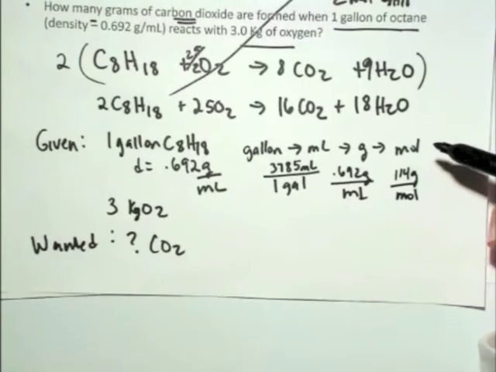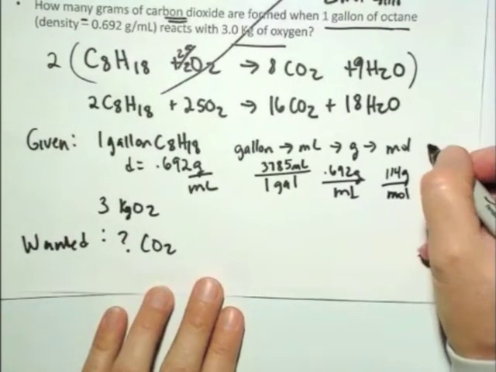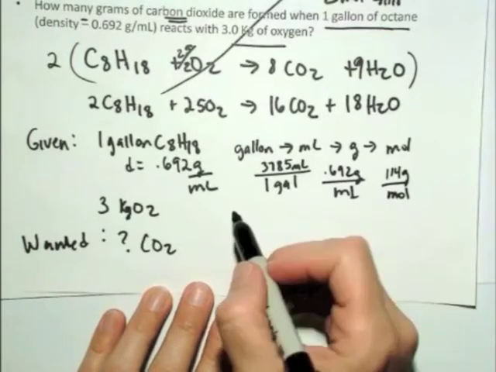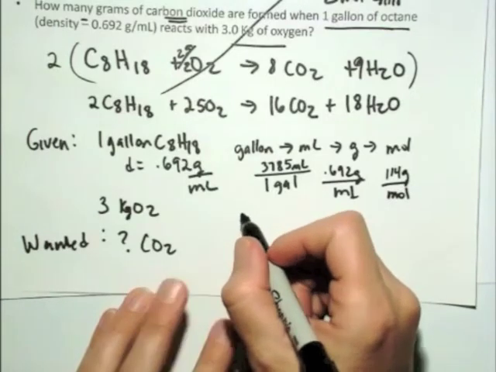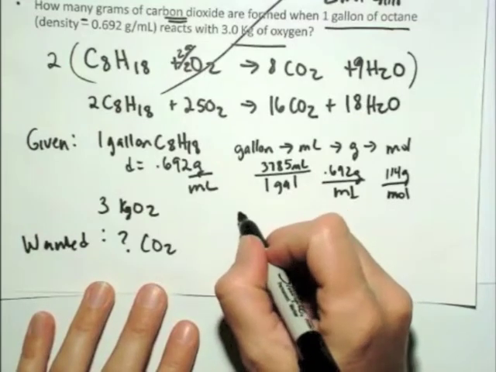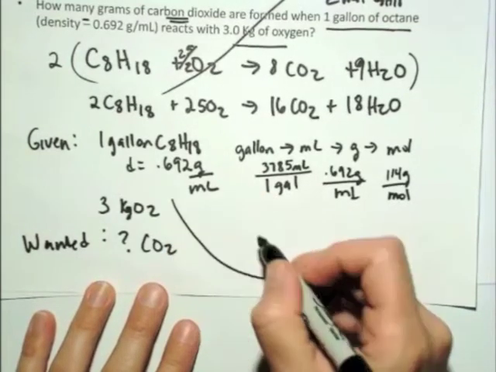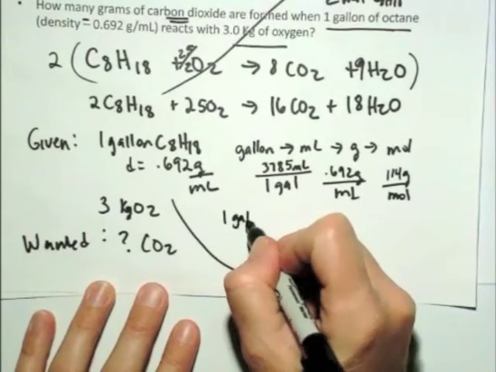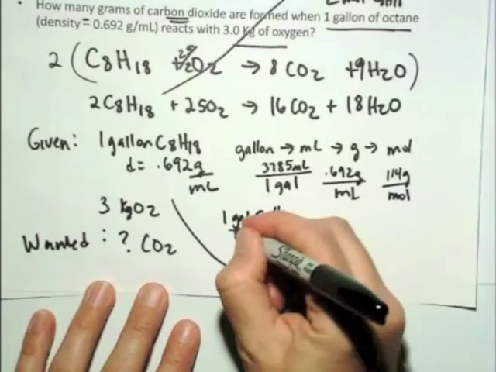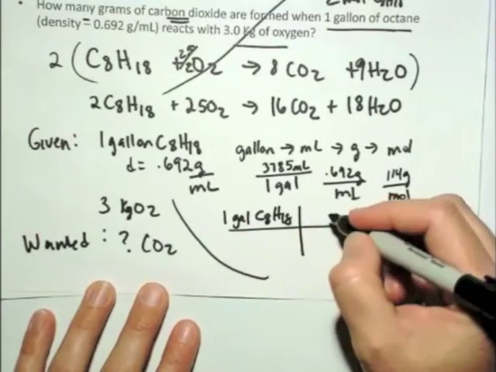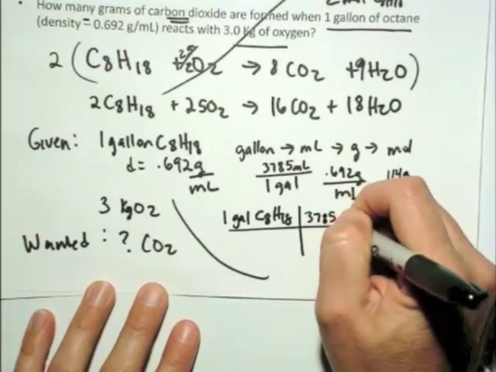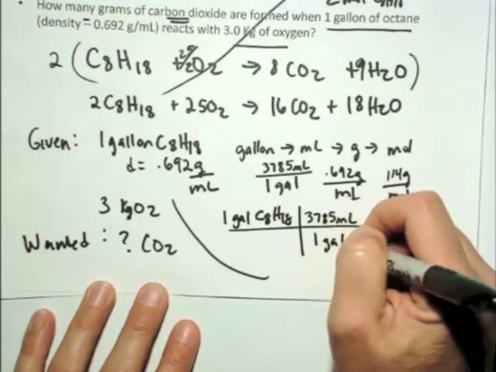Okay, maybe given all of that, if you got stuck there, you ought to be able to stop the tape again and figure out the number of moles here. Okay, but I will work it out for you. It is 1 gallon of octane, C8H18, converting to milliliters, 3,785 milliliters per 1 gallon.